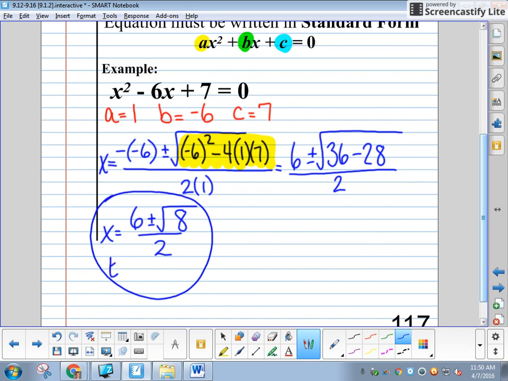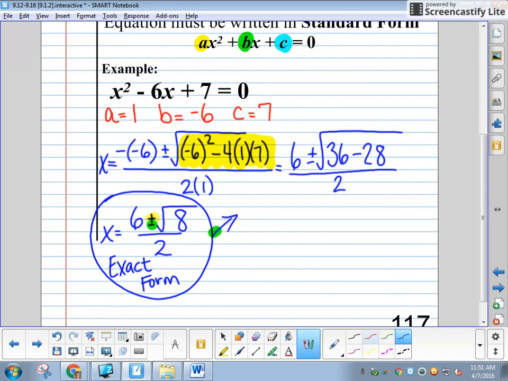This would be what we consider exact form, but you need to keep in mind that this is actually two answers. It is 6 plus the square root of 8, and it is 6 minus the square root of 8, and then both of those numbers divided by 2. Or I can continue on, put some things into my calculator and get the approximate answers.